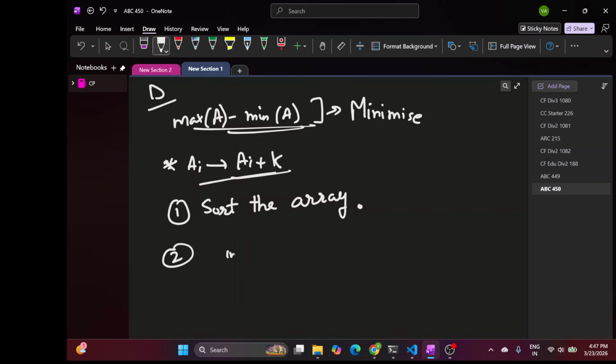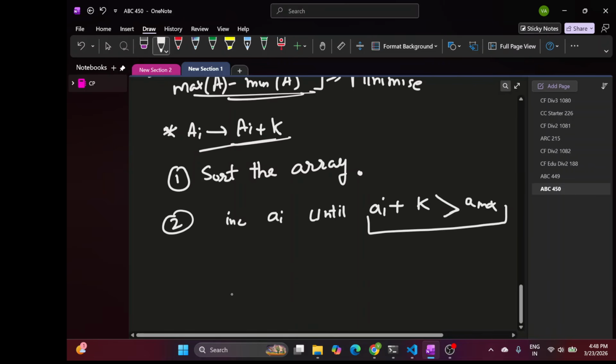So increase Ai until Ai plus K is greater than A max, right?